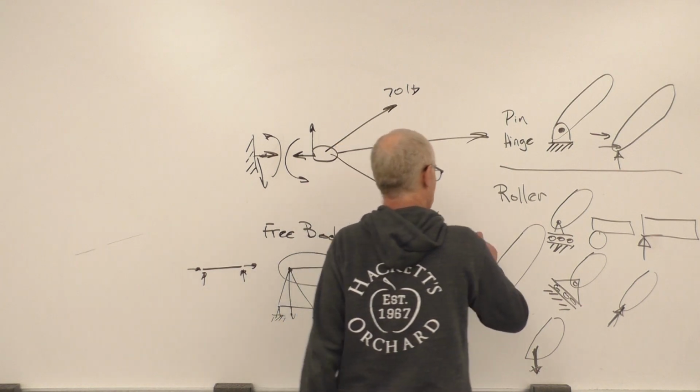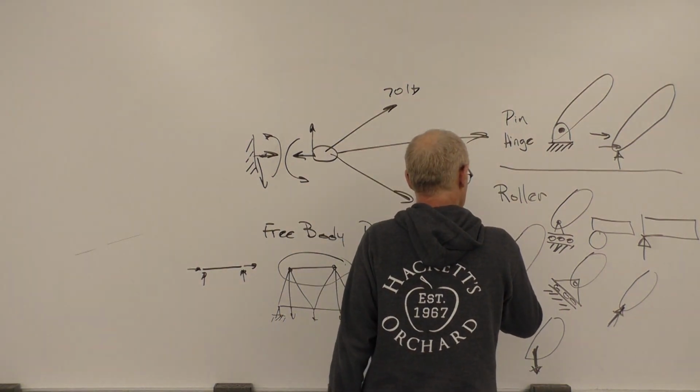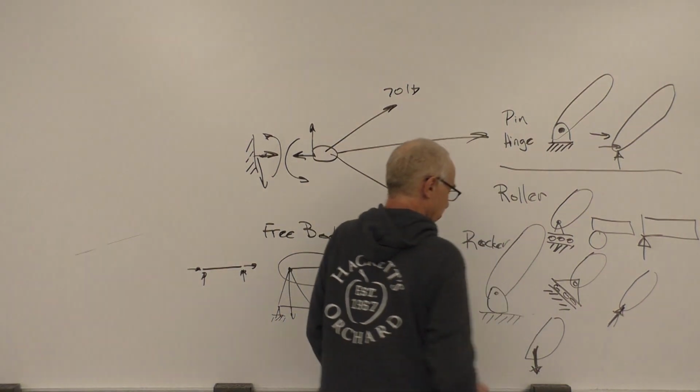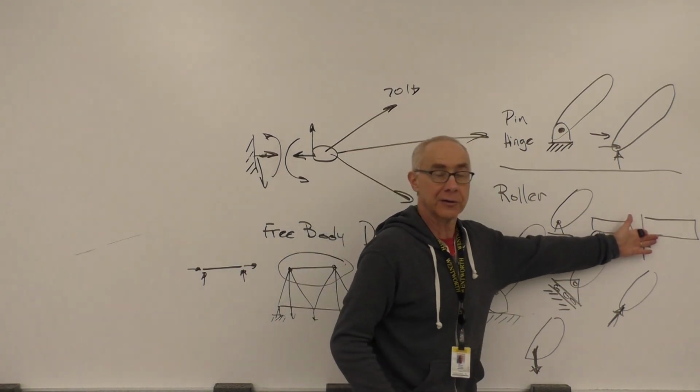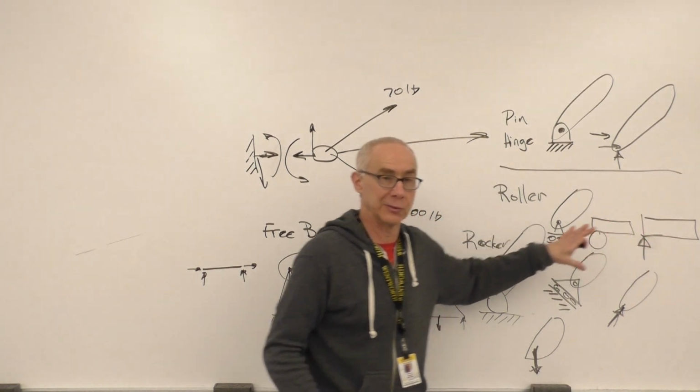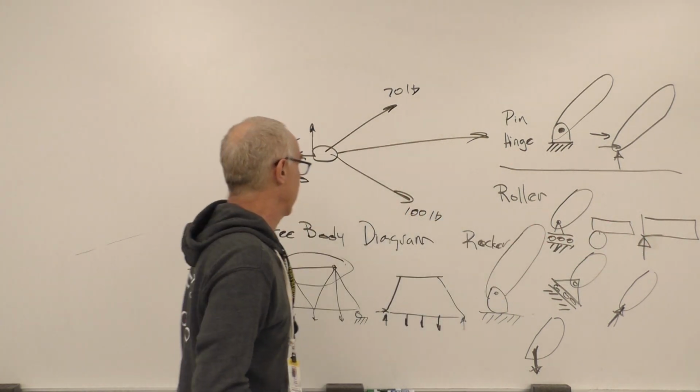So this is called a rocker. And so you can see the free body diagram for a rocker is essentially equivalent to the free body diagram for a roller, which is why I lumped the two together.